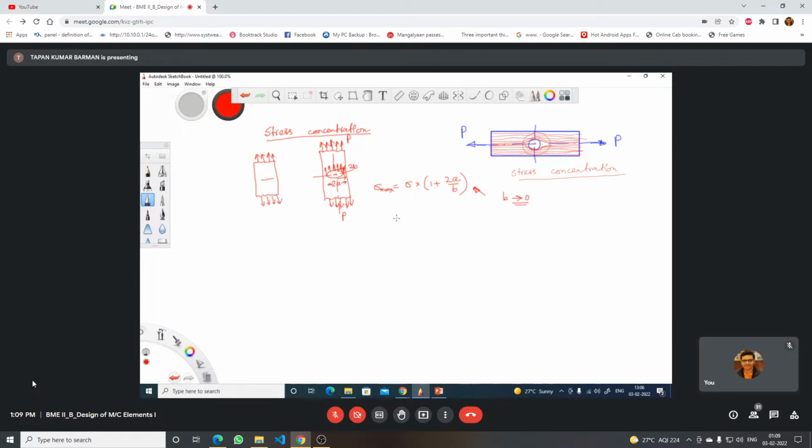Then you see sigma max will tend to infinity, right? Now if the a value tends to 0, then sigma max should be near to sigma.